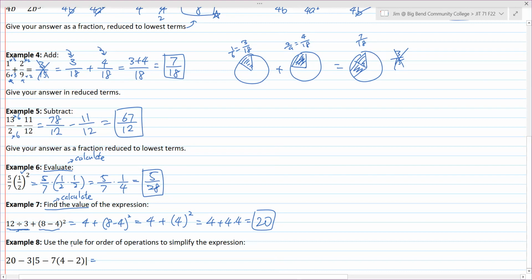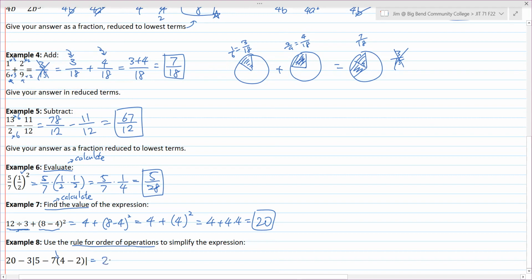Let's check out other examples. We're being clear about the rule for order of operations, right? So we have 20 minus 3 times the absolute value of 5 minus 7 times the parentheses 4 minus 2. We're seeing the inner operator, the parentheses, so we have to take care of the calculation in it.